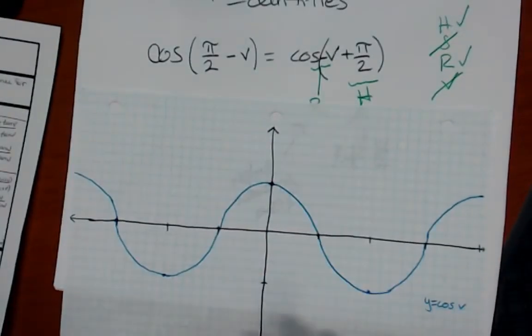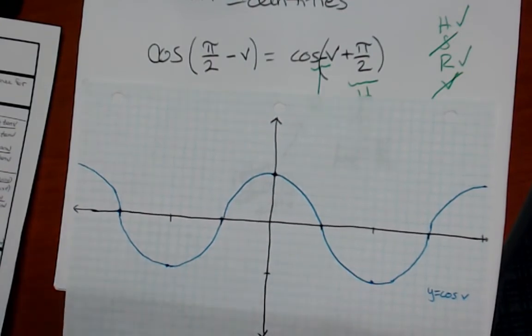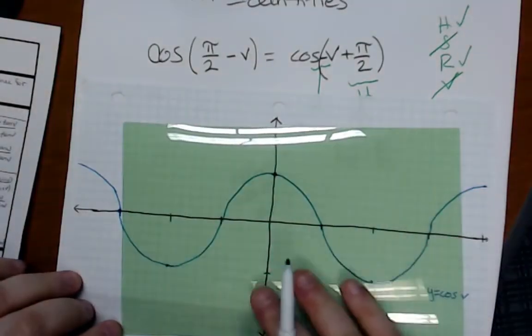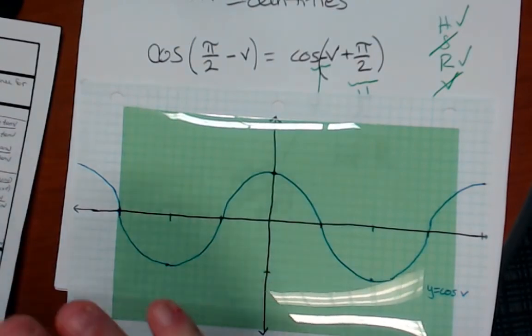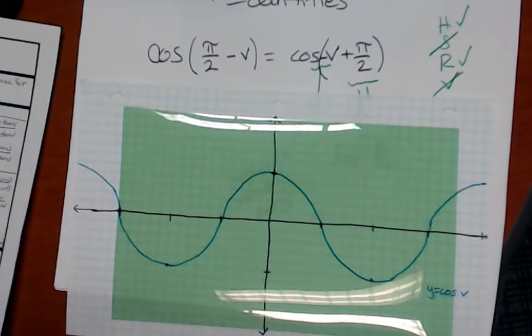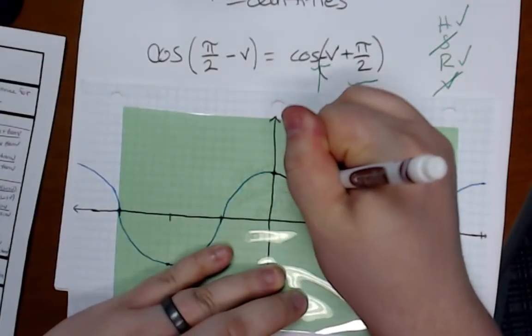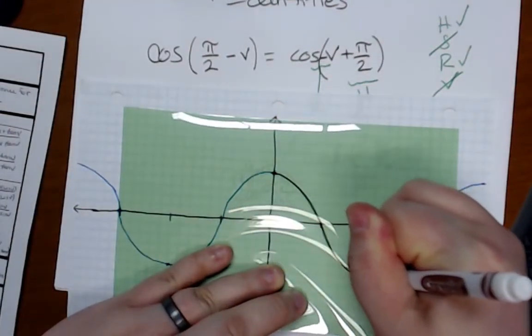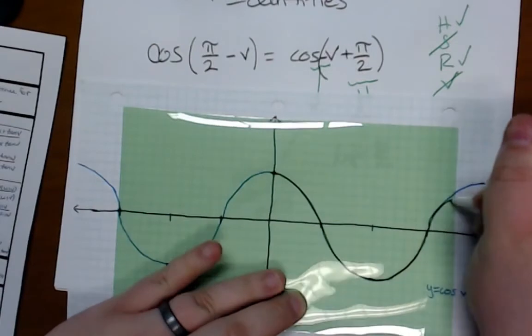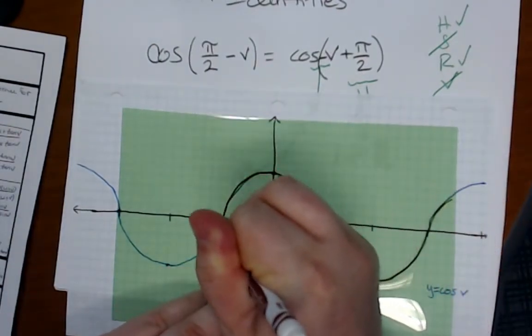We're a little crooked. Let's see if I can fix it. Y equals cosine v. And I'm going to put this transparency down. I'm going to use a color. I think brown will show up closely enough. And I'll trace our cosine function.